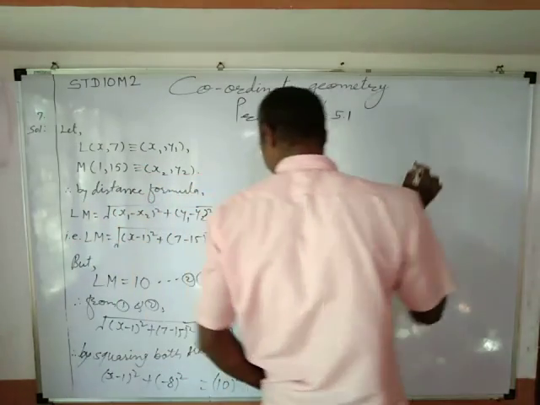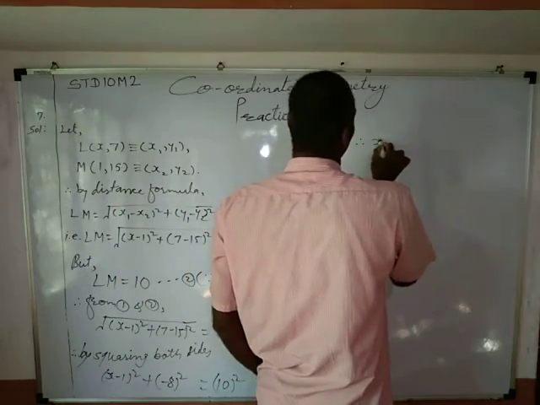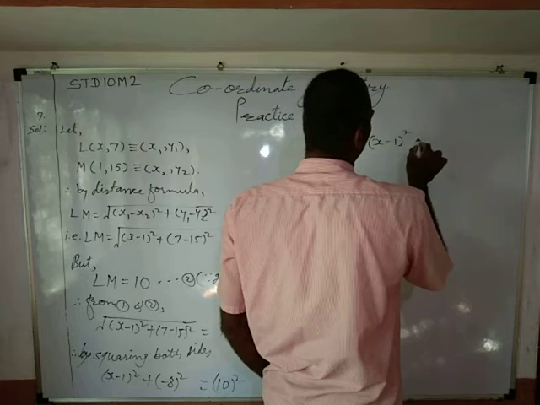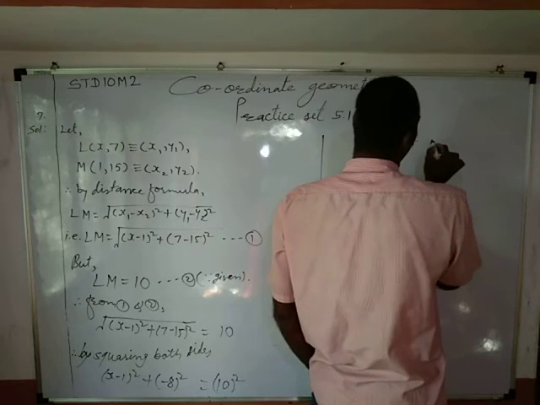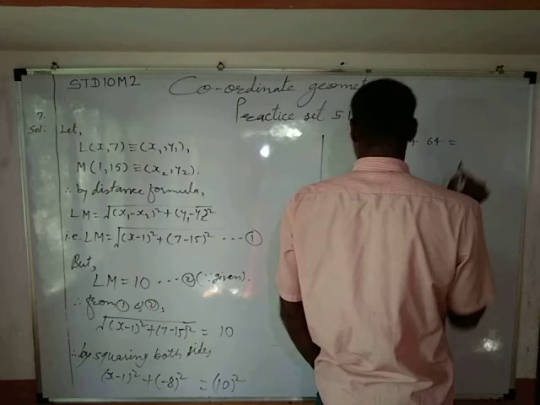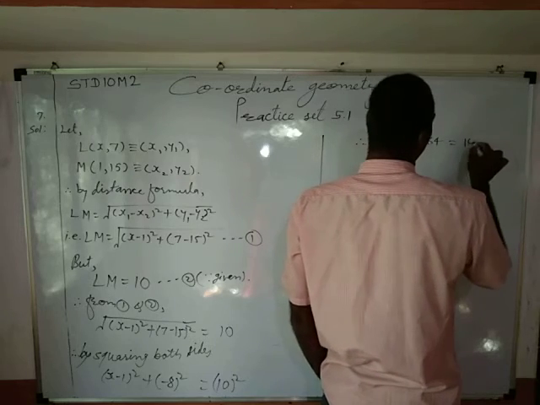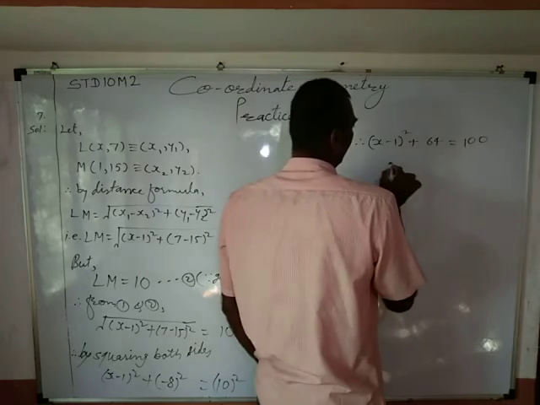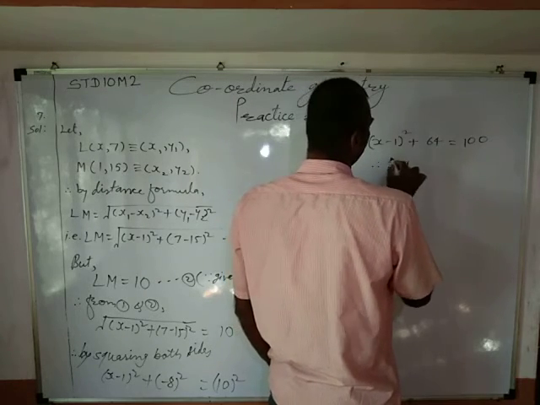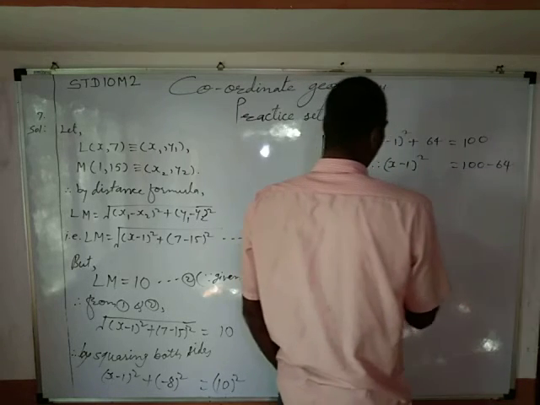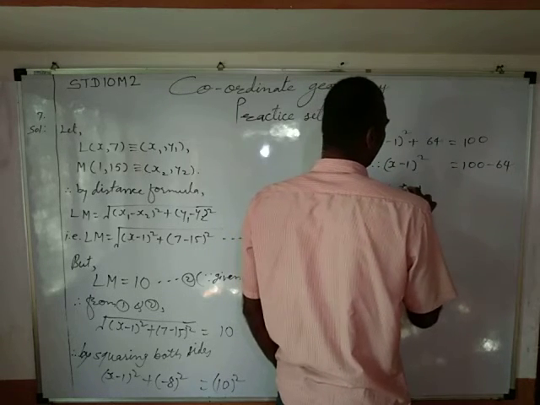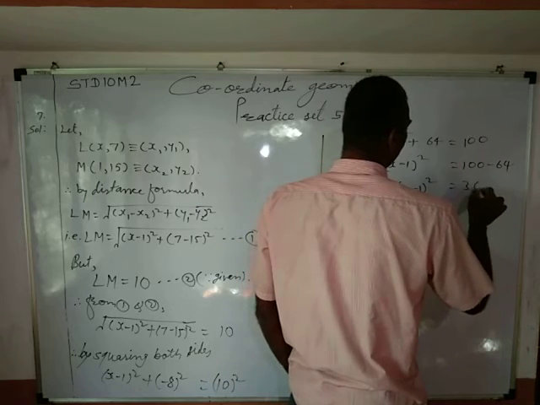Therefore, (x minus 1) its square plus square of minus 8, which is 64, equals square of 10, which is 100. Therefore, (x minus 1) its square equals 100 minus 64. Therefore, (x minus 1) its square equals 36.